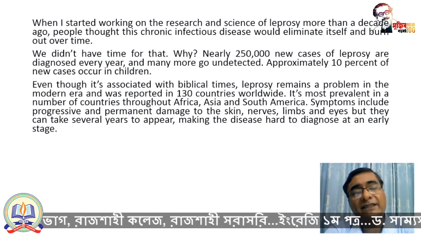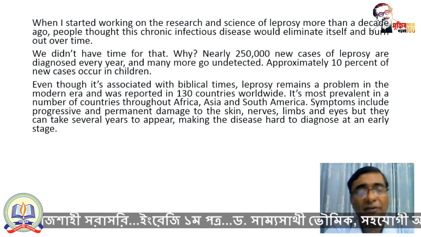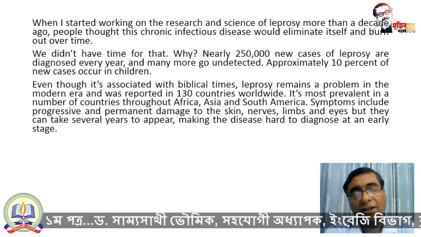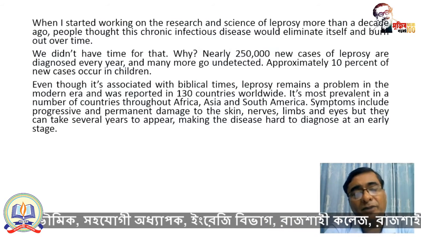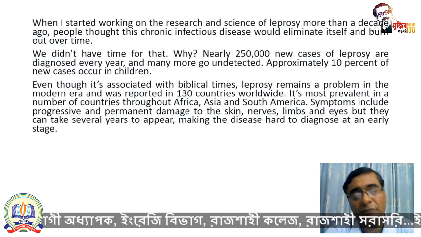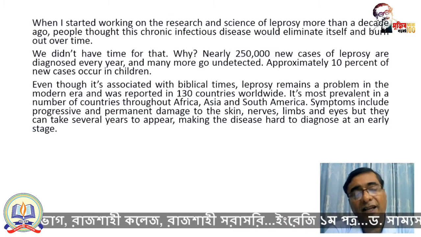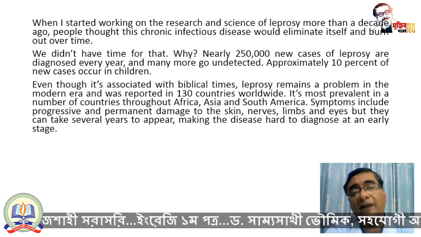But they can take several years to appear. So it starts affecting different organs silently, and it takes several years to appear. So the person doesn't know that he is suffering from leprosy, but he is a victim of leprosy. And why? Because the disease takes several years to come out.